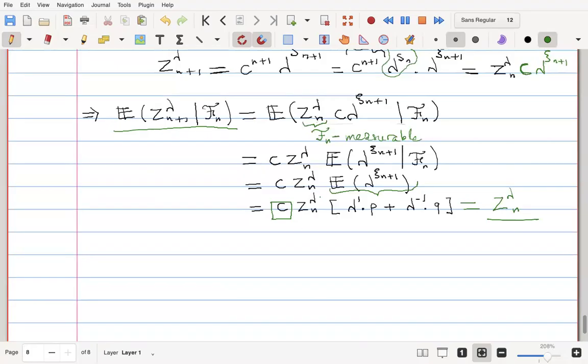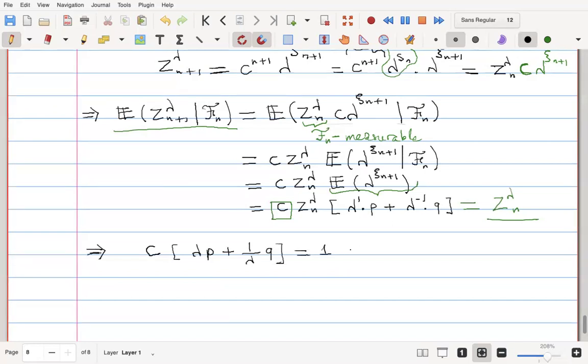Zn being non-zero, it will cancel out. Let me write it down. So this will imply that when I cancel out the Zn lambda on both sides, we get C into lambda P plus 1 by lambda Q equal to 1, right?